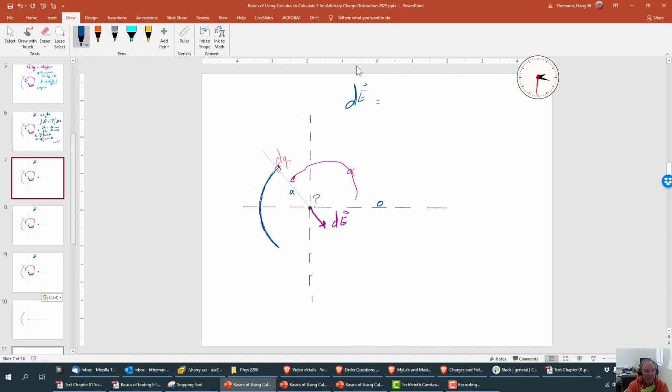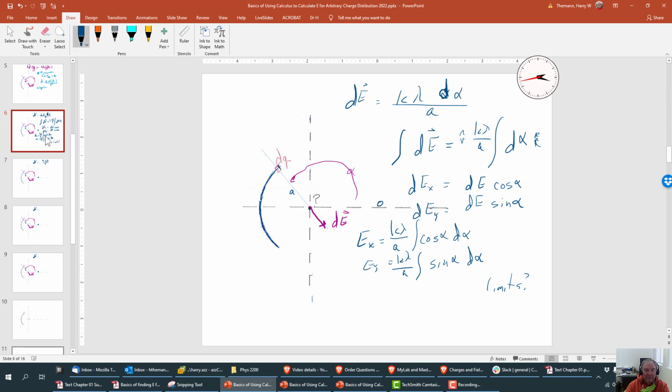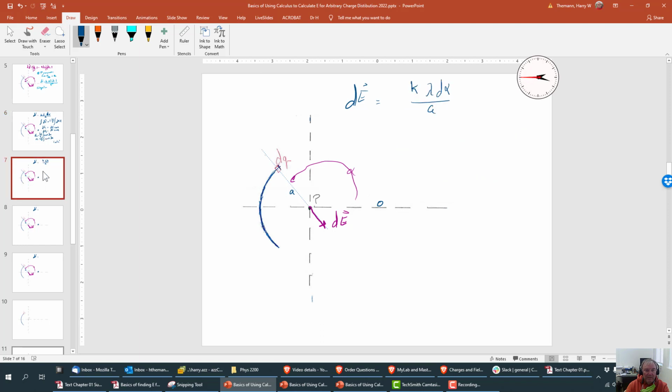So our dE is, what was it, k lambda d alpha over a. And now we're trying to figure out limits. Remember, we were told that the total delta alpha is equal to pi over 2.